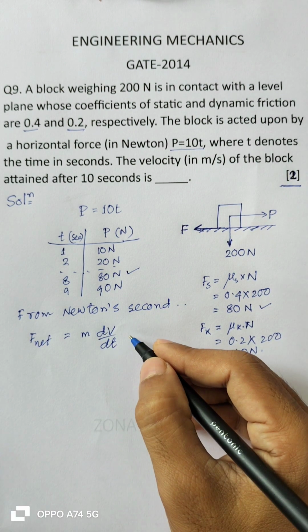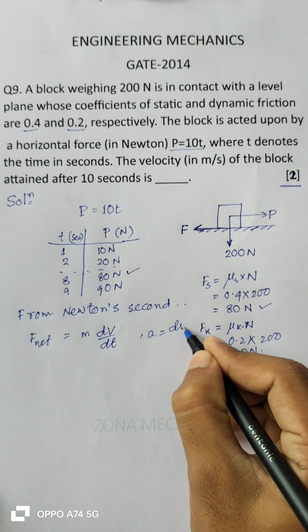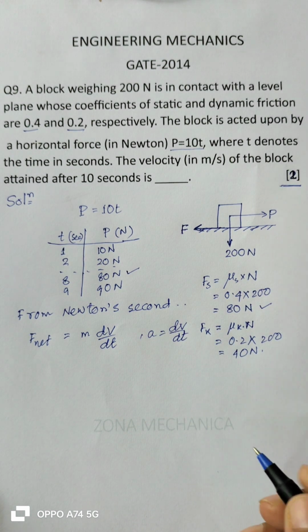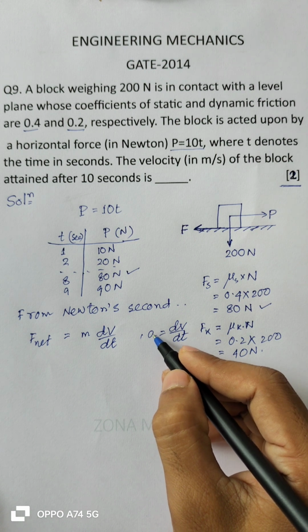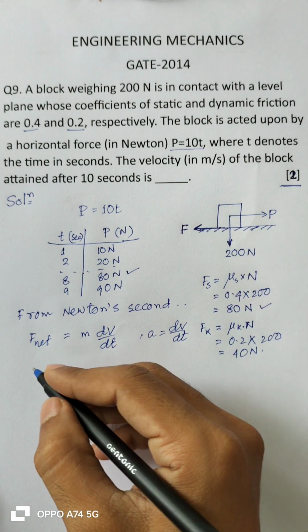M into a, where a is equal to dv/dt, is the acceleration of the body due to this net force.